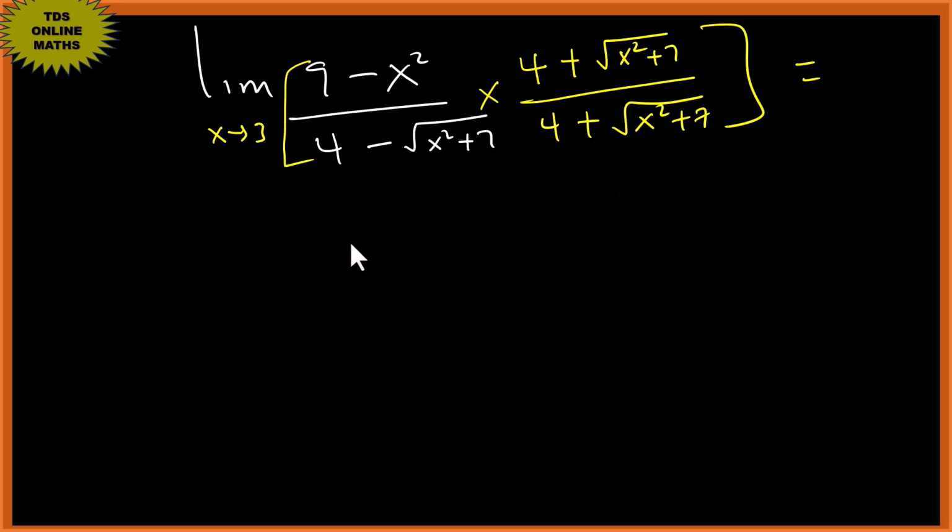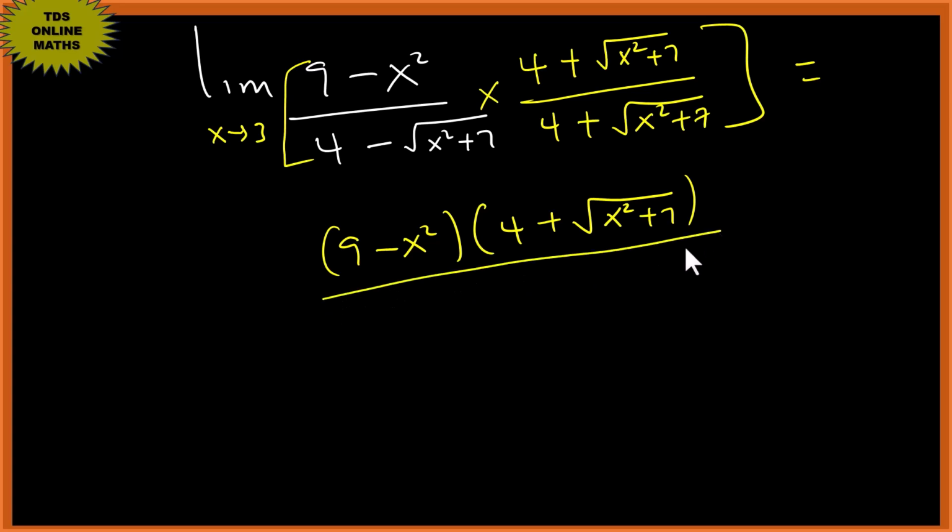So we have the numerator as 9 minus x squared, times 4 plus the root. Don't be in a hurry to expand the numerator because it will by all means cancel out, so don't expand the numerator.